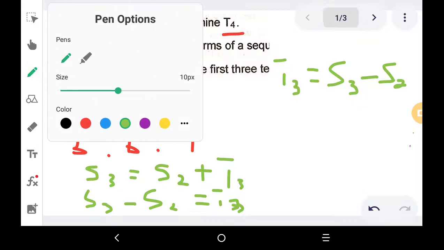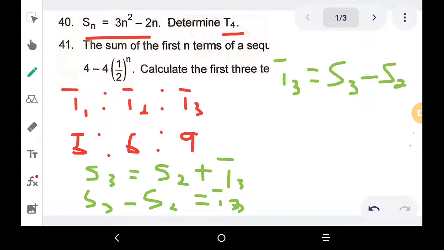Now, let's look at this. Instead of putting 3 here, I can put an n. But whatever I do on the left-hand side, I also need to do on the right-hand side. So in this case, I have 3, and I also have 3, so instead of 3, I'm going to put n. Here I have a 2. How can I get 2? I need to say it's n minus 1.